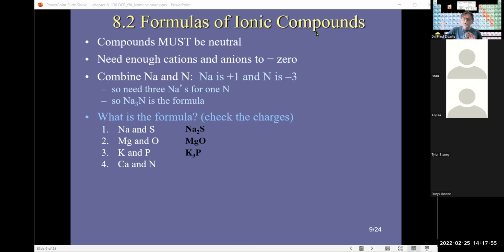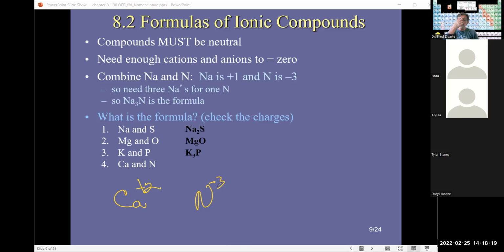Okay, this is a little more challenging. Let's work this through stepwise. Calcium, break it down into the elements first. We have calcium +2. It's a group 2 element. Nitrogen is group 5A, so it has an oxidation number of a -3. Now think about this for a moment.